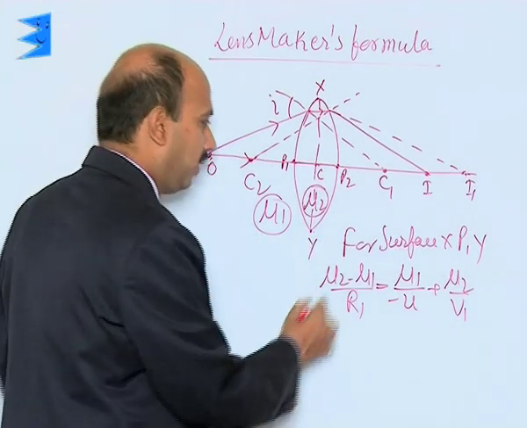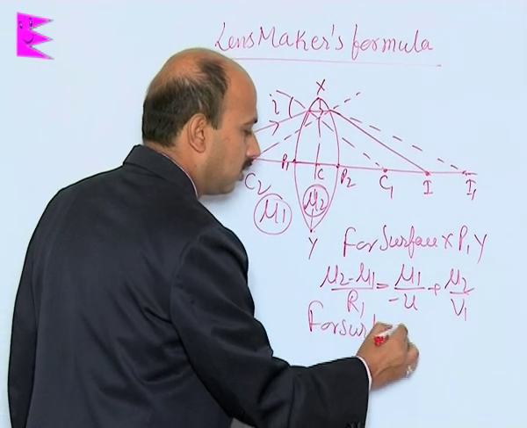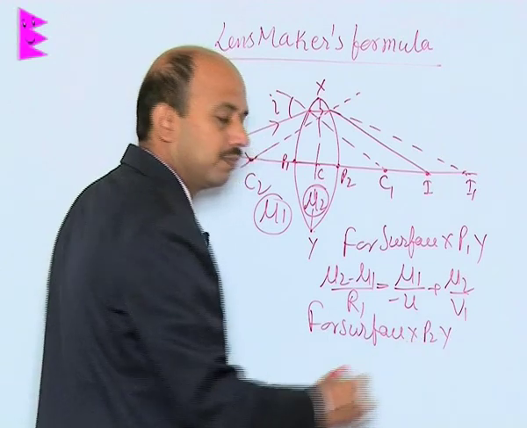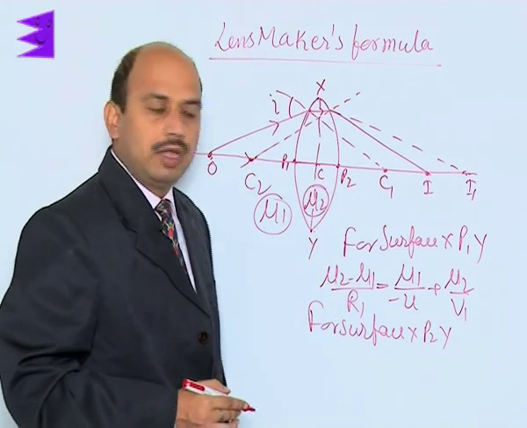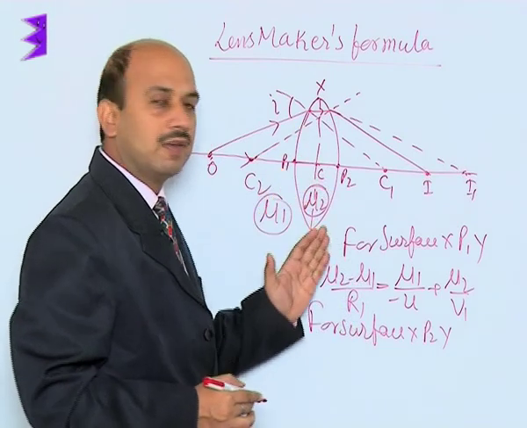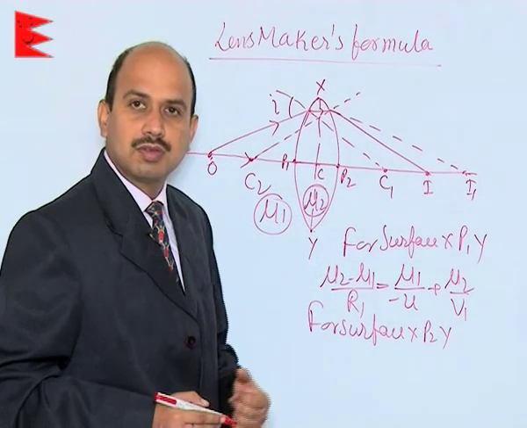Now, if you take the surface xP2y, refraction is taking place from denser to rarer medium. It means the image obtained by the first surface is acting as the virtual object for the second surface.